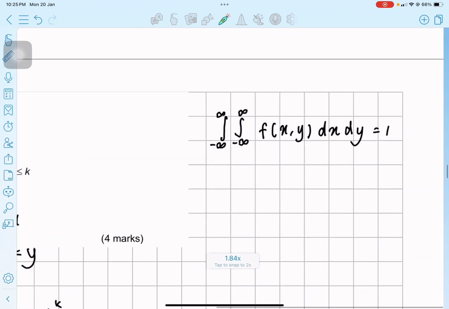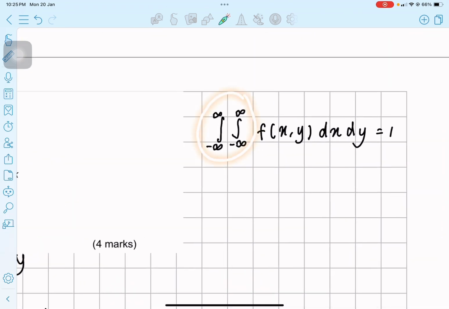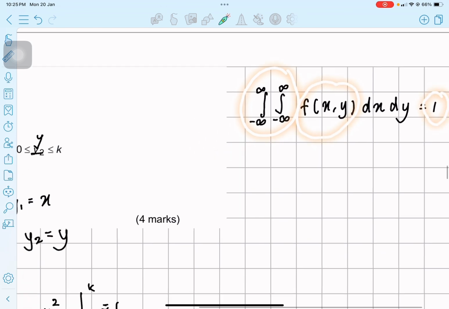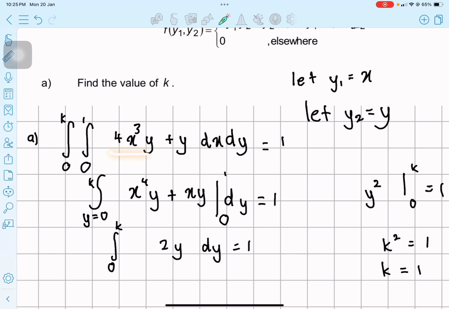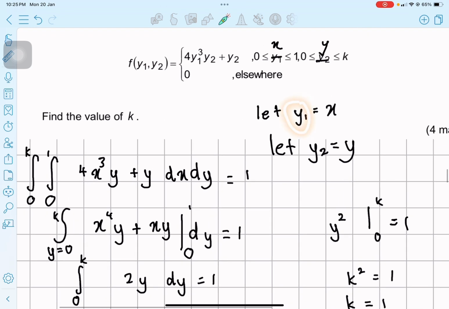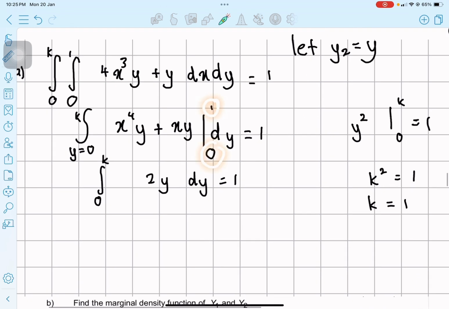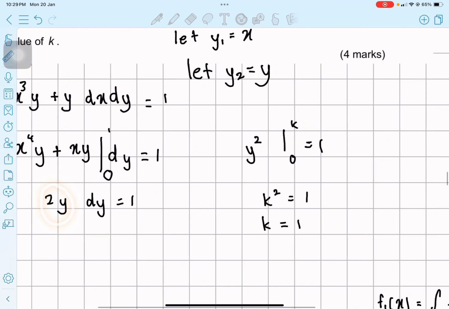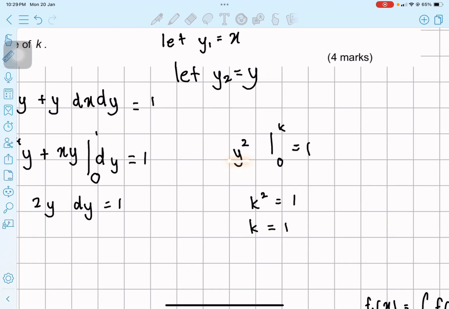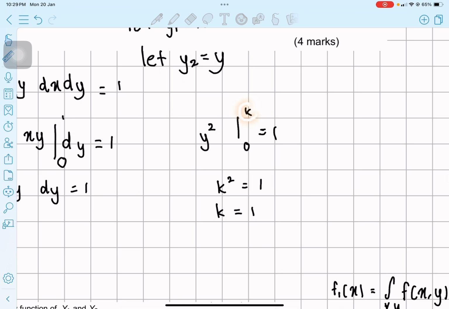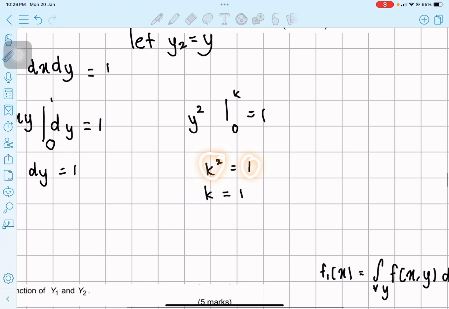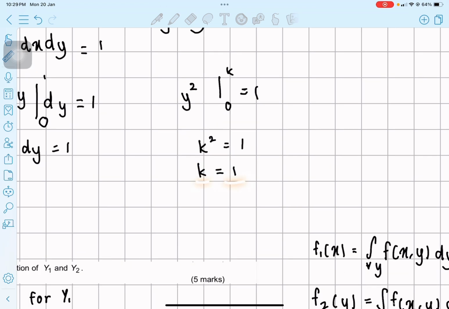I'm going to use this formula: the double integral of the joint probability density function equals 1. I integrate the x variable, which is our y1, from 0 to 1. After I integrate this equation, I get y squared, then I substitute the value of k and 0 into this. k squared equals 1, so I'll get k equals 1.